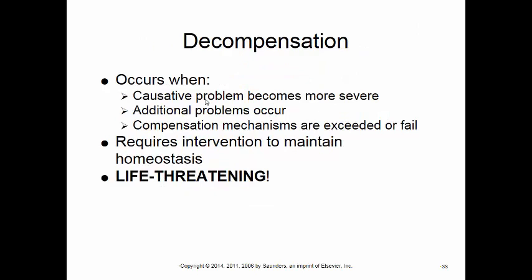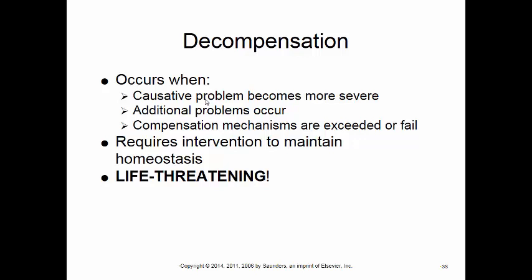If the levels get so out of whack, then we get a condition called decompensation. This is where the problem becomes more severe, and we're unable to compensate anymore. For example, if our blood is very acidic, acidosis, we'll breathe really fast to get rid of the CO2, and this will bring our pH back up because it works with the bicarbonate. So we breathe fast and we compensate.